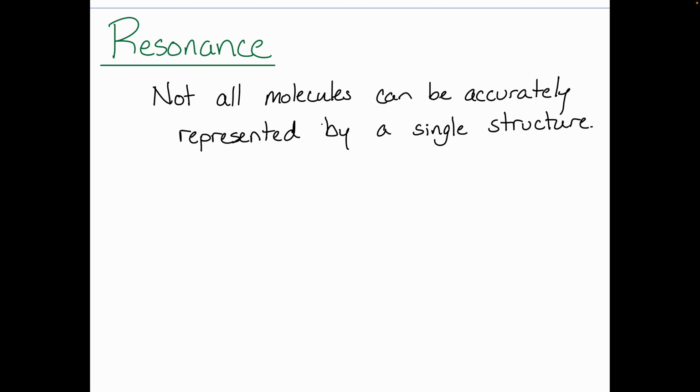Most of our molecules, we can just put that one bond line structure down and we know exactly what we're talking about. There are other molecules where one structure alone will not do it. Instead we need to represent these with multiple structures.